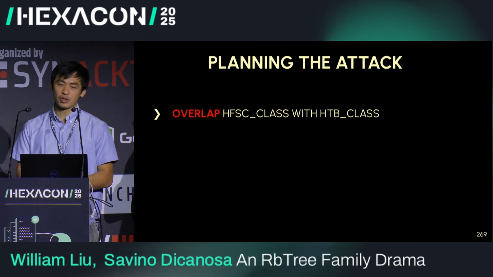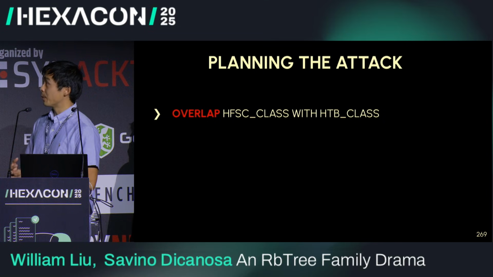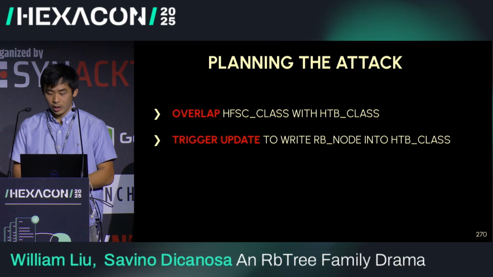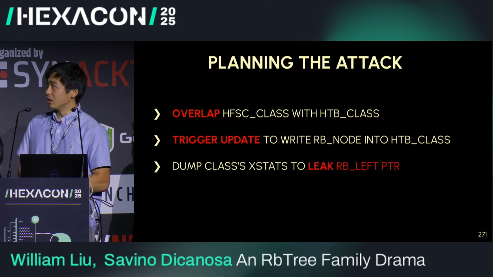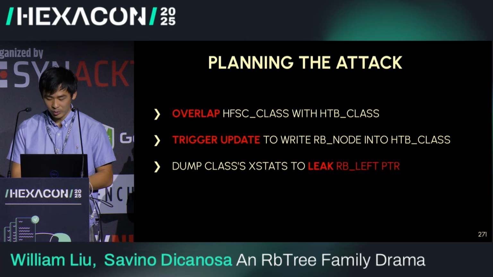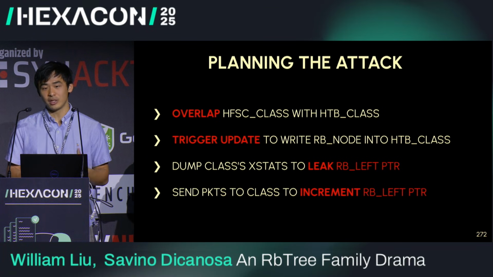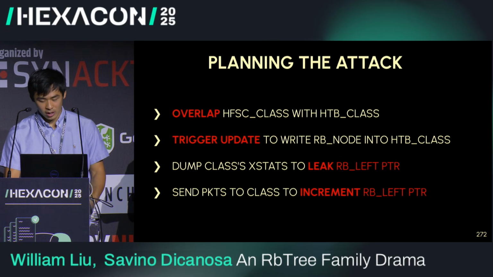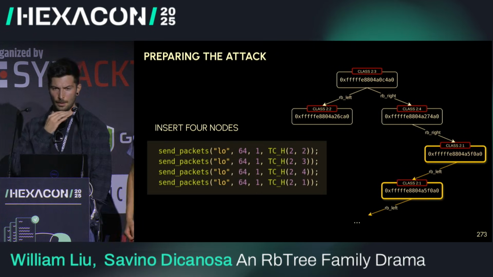So the idea now is to construct the same tree construction with the vulnerable HFSC class, cause a use after free, replace it and type confuse it with an HTB class, and trigger a tree update through a series of tree transformations that Savi will cover, to write the RB node into the HTB class. Then we can dump the class's xstats to leak the RB left pointer, and send packets to increment the RB left pointer and achieve a similar attack vector as you saw earlier. I'll hand it off to Savi now to finish it off with RB tree transformations.